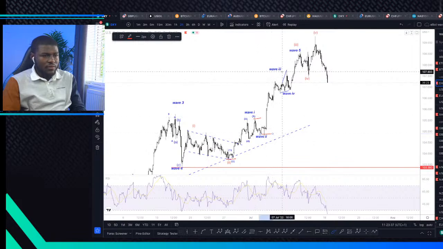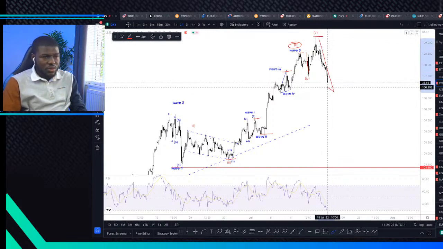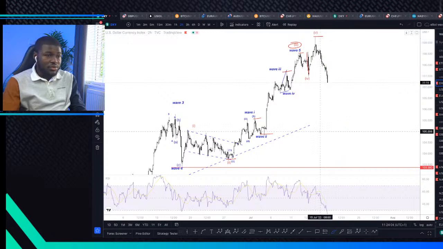Then this gives us wave 3. Wave 3 here. Then there was a correction of wave 4. And we have this wave 5 as completed. So the whole of that 1, 2, 3, 4, 5 now are the sub waves of wave 3. Then we now have the major wave 4 happening, and then wave 5 to the upside completed there. So that was the opportunity we had for this sell position.